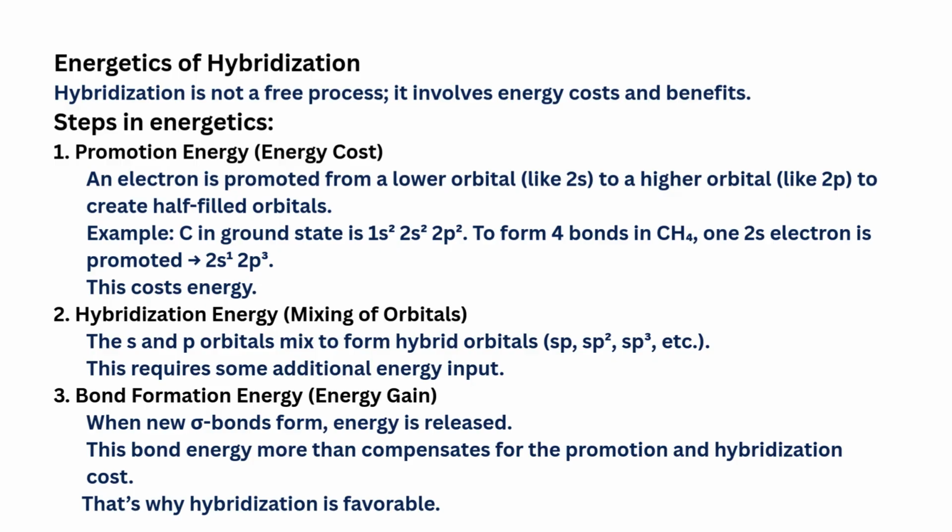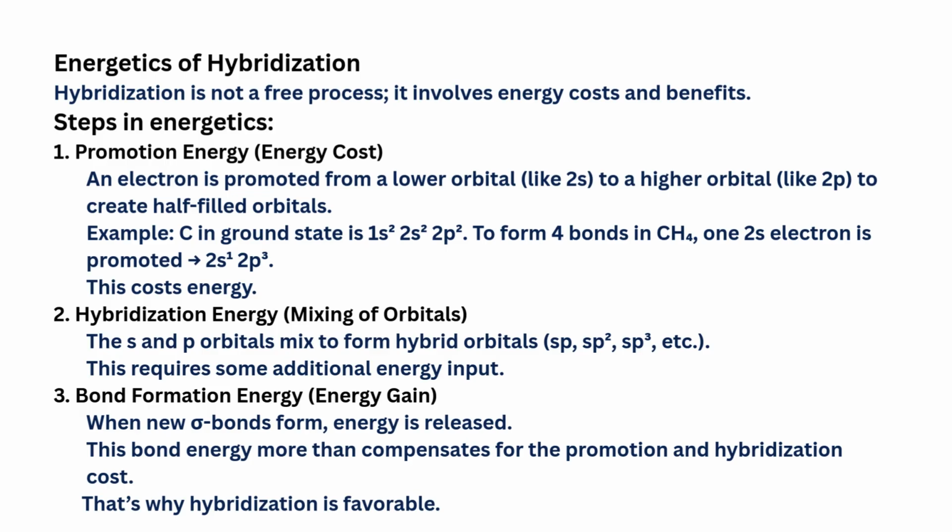So that requires energy. Next is the hybridization energy, the mixing of orbitals, which requires energy. The s and p orbitals mix to form hybrid orbitals such as sp, sp2, sp3, etc. This step also costs some energy. Finally, the third step is bond formation energy.